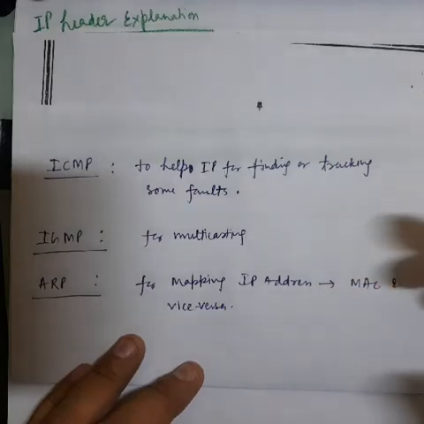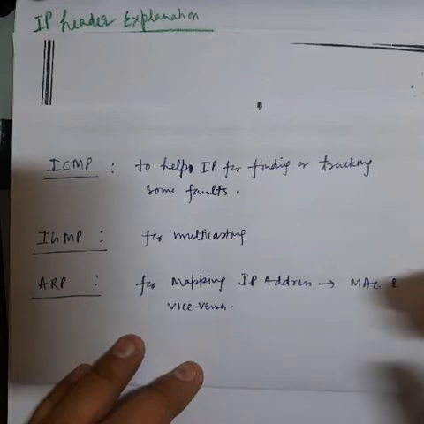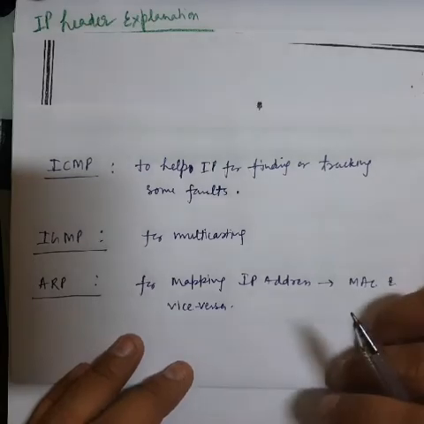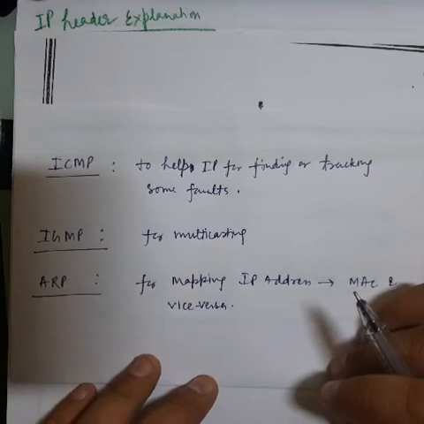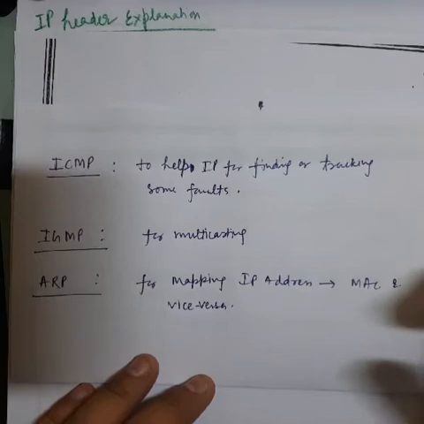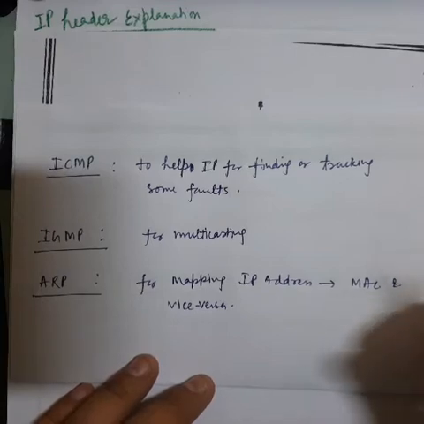Whenever it is transmitted, the network layer converts this MAC address to its logical address. That's why this protocol, ARP, plays an important role whenever communication exists between these two layers, network to data link layer.